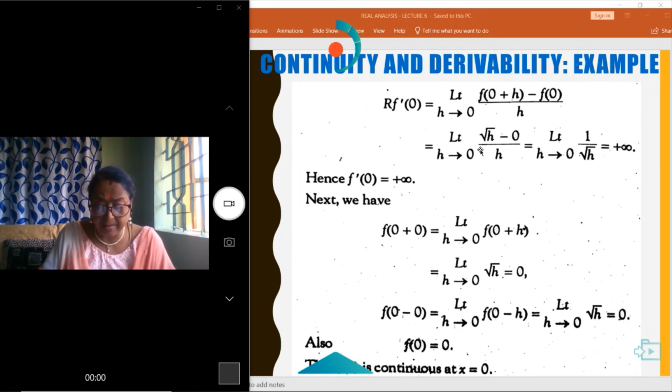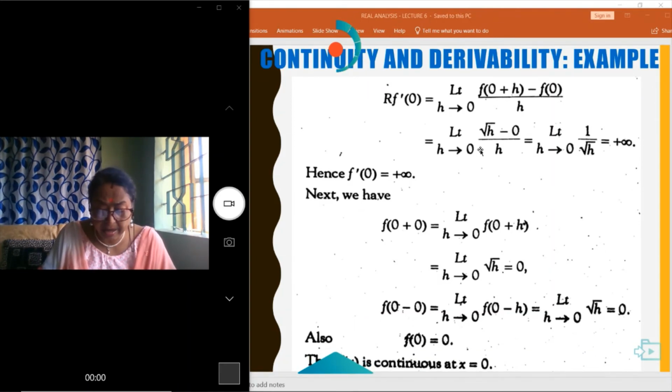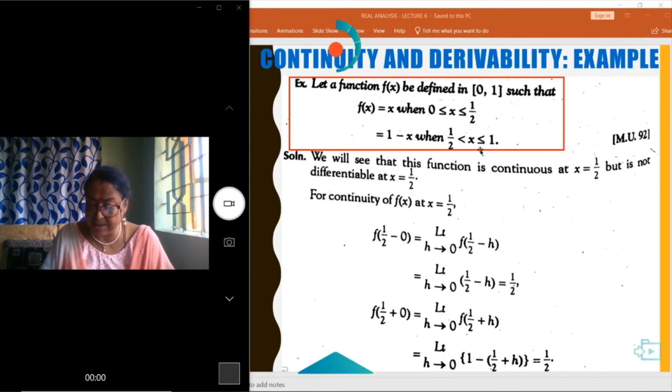Since the left hand limit is not equal to the right hand limit, f'(half) does not exist. Hence we can see that though the function is continuous at x equal to half, it is not derivable at x equal to half.